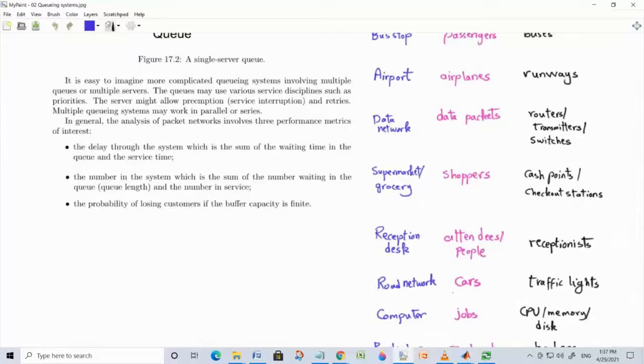So what is the probability that a packet will be dropped? All these are questions that can be answered using queuing theory, which of course relies heavily on discrete time Markov chains, continuous time Markov chains, and renewal processes. All these are the mathematical background that you need so that you can do queuing theory.